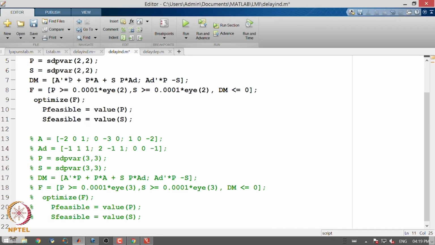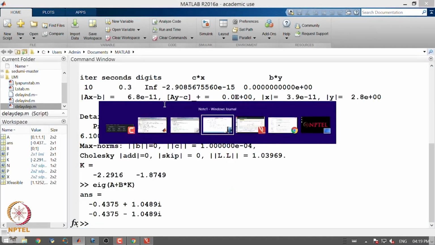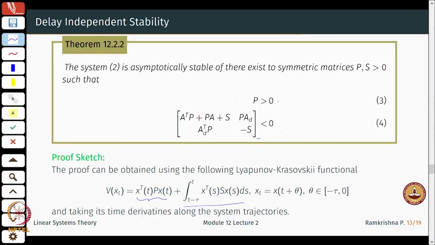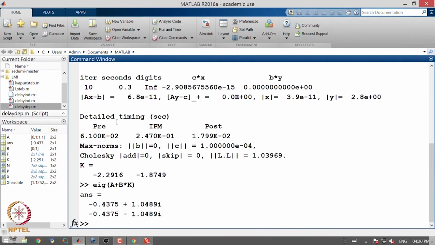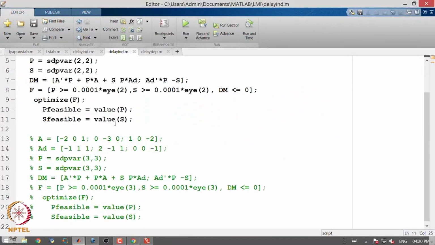So, what I need to check is I just plug in the LMI condition here, that is P greater than 0, A transpose P plus PA plus S, and this entire matrix. P is greater than 0, S is greater than 0, and this matrix inequality which we had should be less than or equal to 0. I just run it for optimizing f and this is what I get.